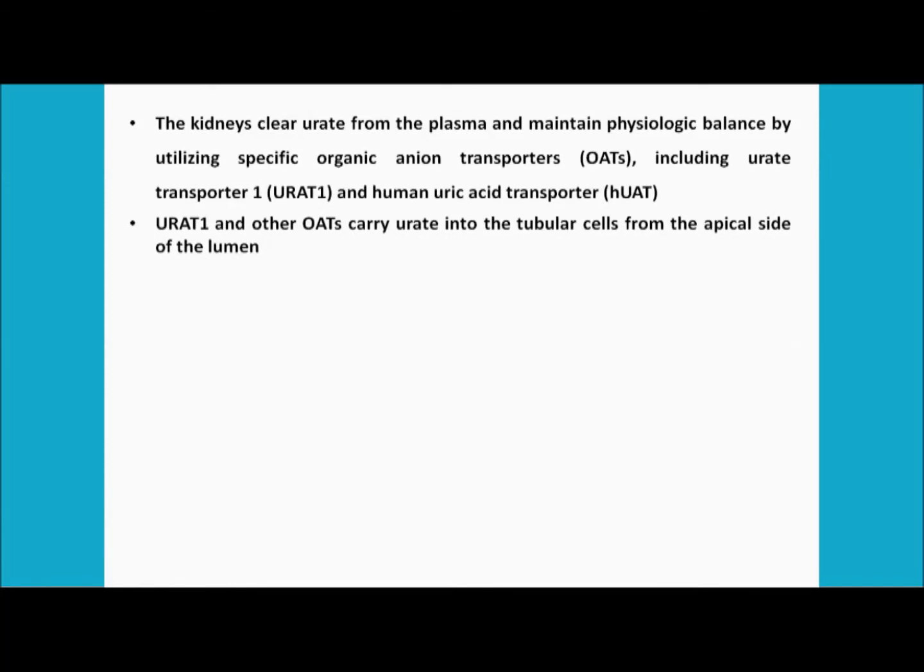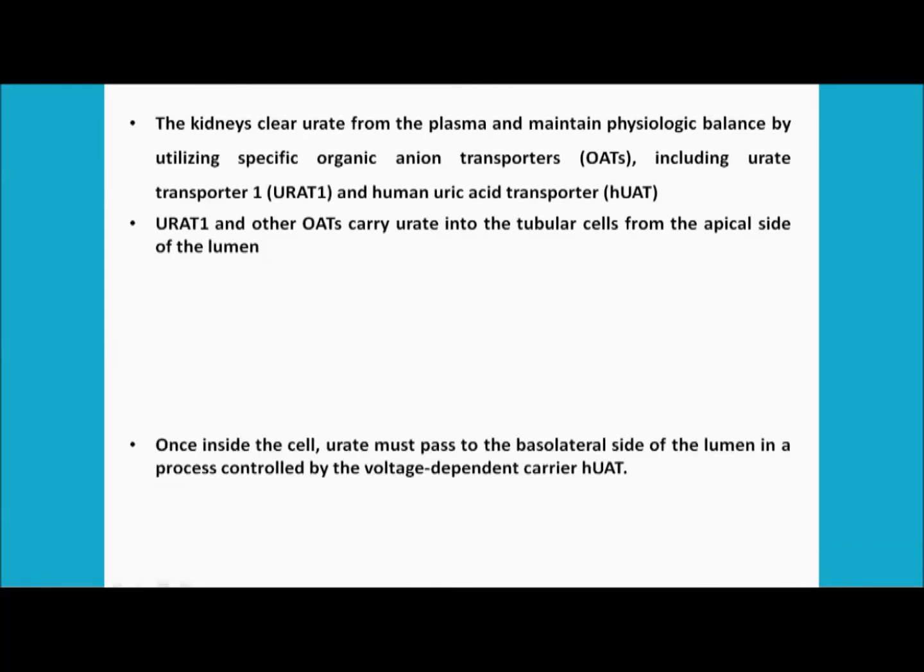Now you see the urate transporter 1 and OAT, that is your organic anion transporter, they carry the urate into the tubular cells of the kidney from the apical side of the lumen. I repeat, the urate transporter 1 and the OAT carry the urate into the tubular cells from the apical side of the lumen, right?